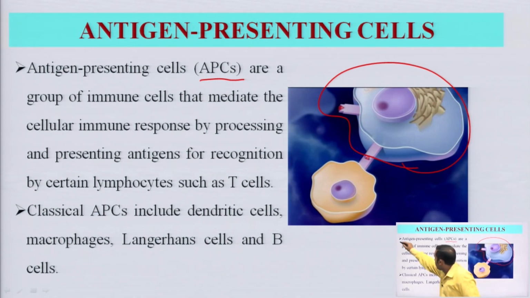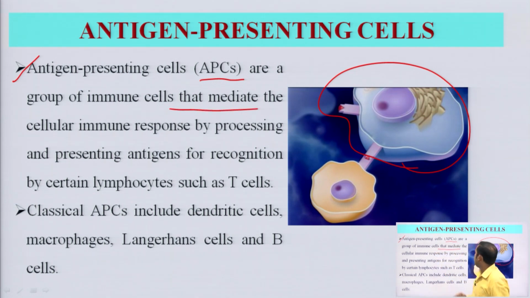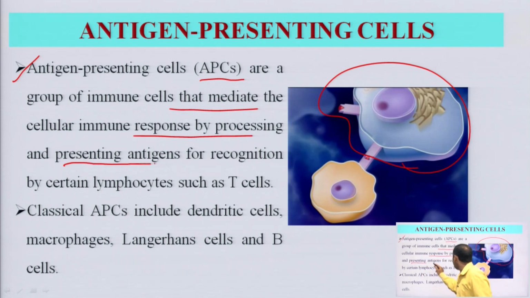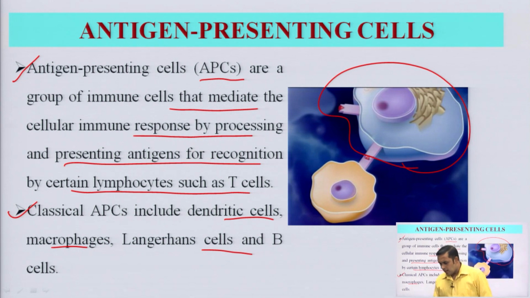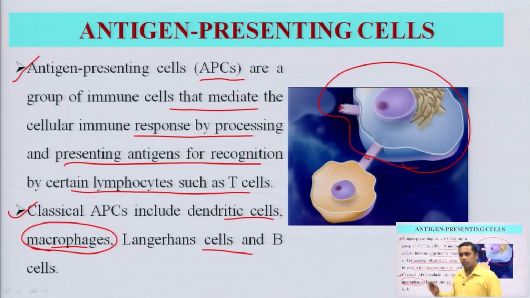By definition, antigen presenting cells are cells or a group of immune cells that mediate the cellular response by processing and presenting antigens for recognition by certain lymphocytes such as T cells. Classical antigen presenting cells are dendritic cells, macrophages and other kinds of cells. I specifically mentioned the macrophage; you have seen in the picture how macrophages work.